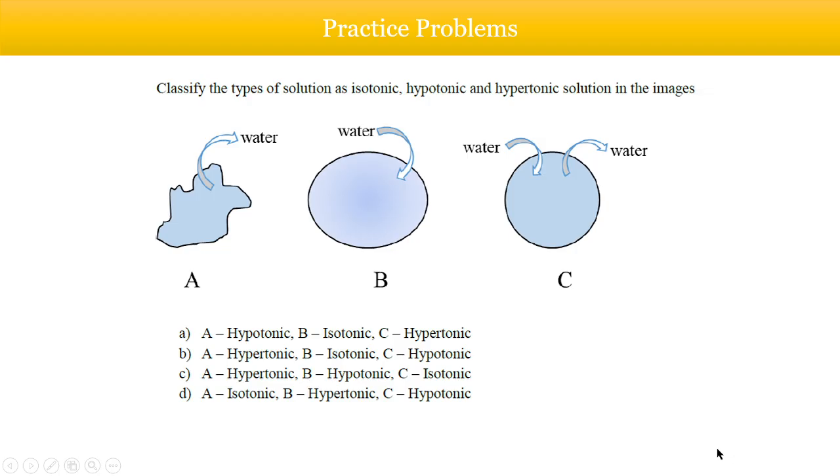Okay. The next one. Classify the types of solution as isotonic, hypotonic, and hypertonic. So A, B, and C. Which is hypotonic, which is isotonic, and which is hypertonic?